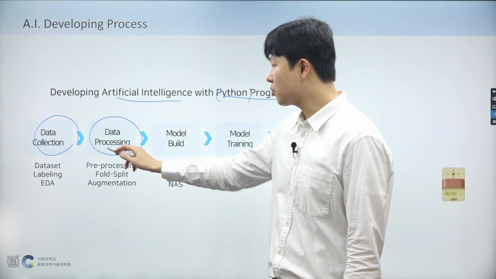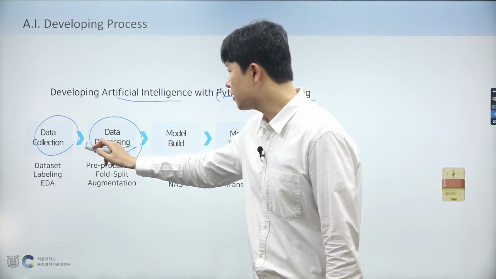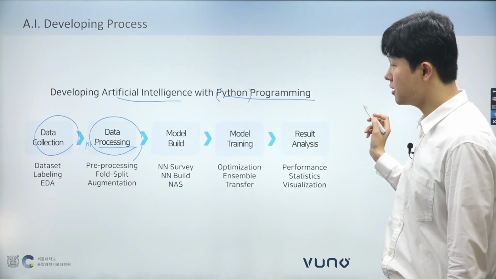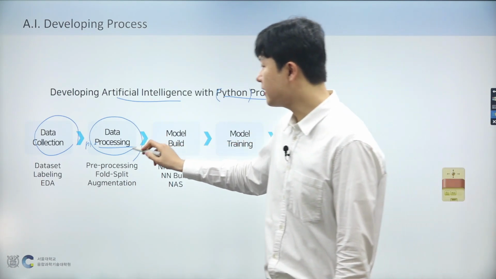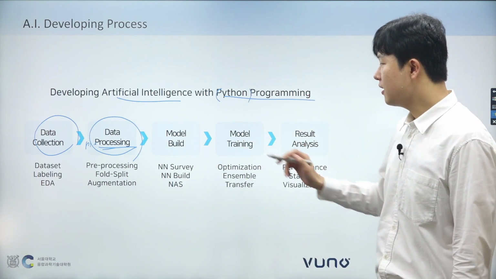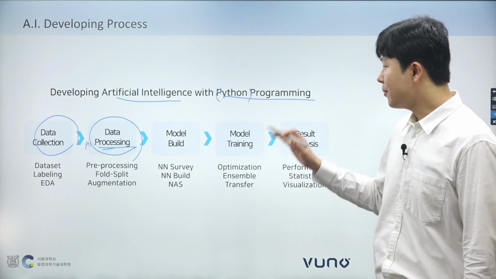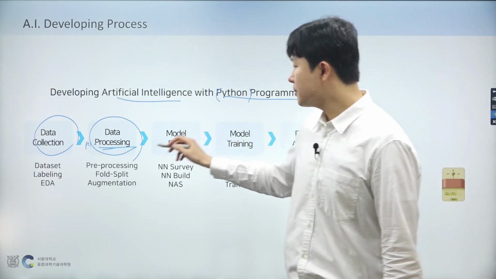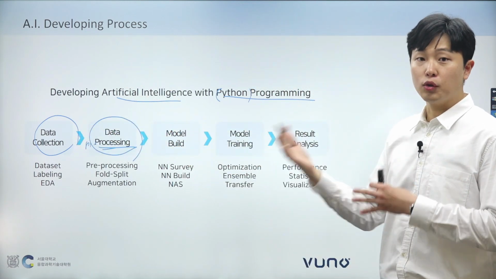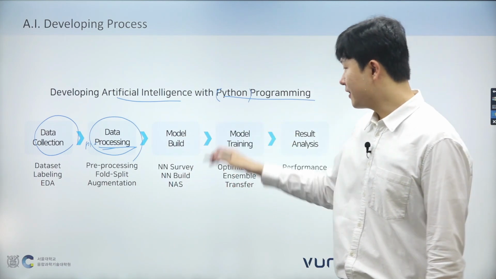Then, once we have our data, the next step is pre-processing. This includes cleaning the data, creating training and validation splits, and applying data augmentation techniques to enhance model robustness and prevent overfitting. Then, we have model building. At this stage, we survey various neural network architectures or consider developing a custom model. Network Architecture Search, NAS, can be used here to automatically select the best architecture based on the data and the task.